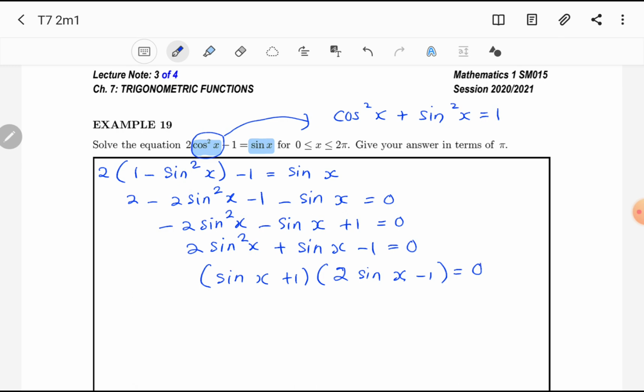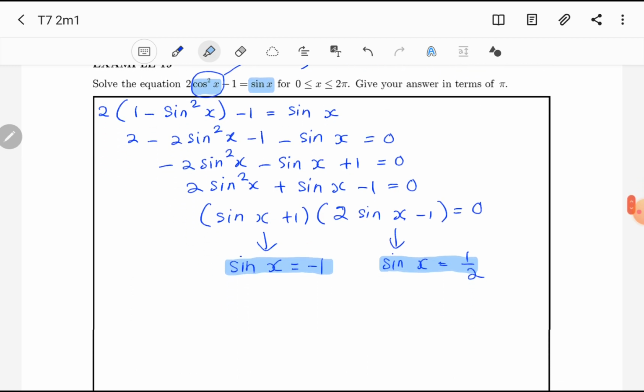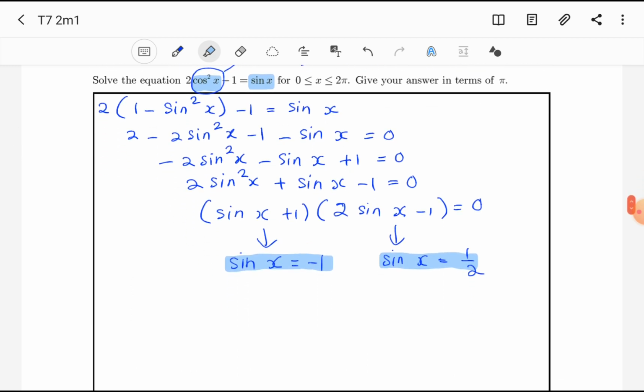Next, from here, sin X equal to negative 1. From here, sin X equal to half. Okay. So, kalau awak tengok kat sini, kita ada dua jawapan. Sin X, negative 1. Sin X, half.